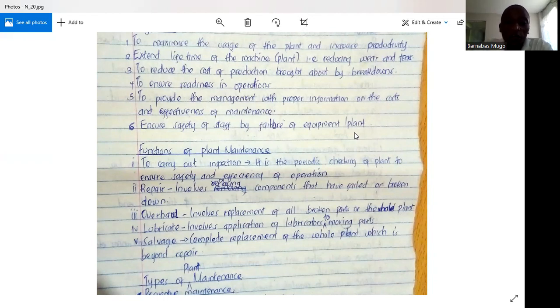Another function carried out during plant maintenance is repair. Why do we do repair? So that we can replace those parts of the machine that are broken, and also those parts that are not functioning or that are failing.